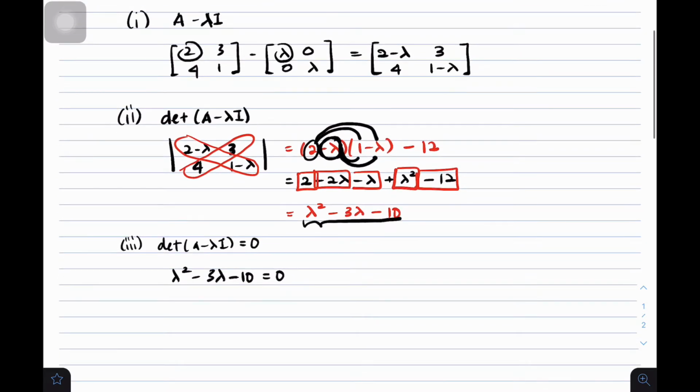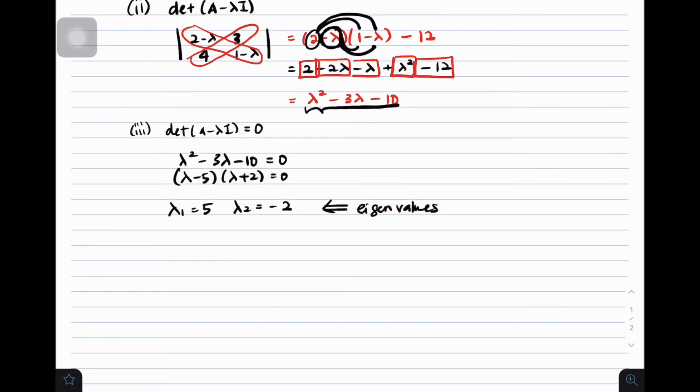Now you can factorize this equation, either manually or by using a calculator, and you will get the value of lambda. Let's factorize it manually. You will get lambda minus 5 times lambda plus 2 equal to 0. Therefore the first value of lambda is equal to 5 and the second value of lambda is equal to negative 2. These are your eigenvalues.